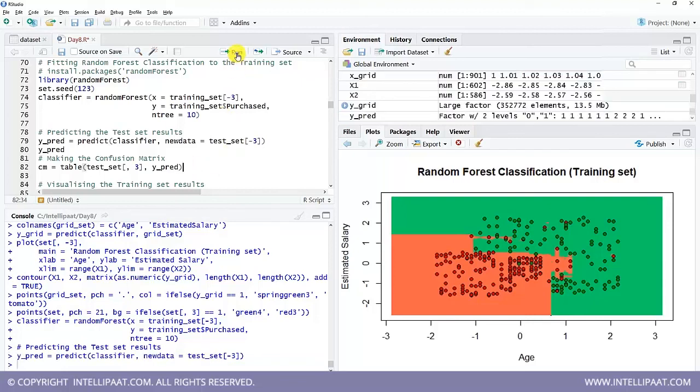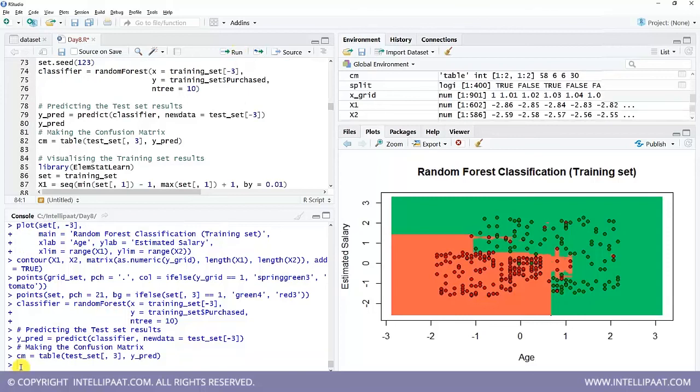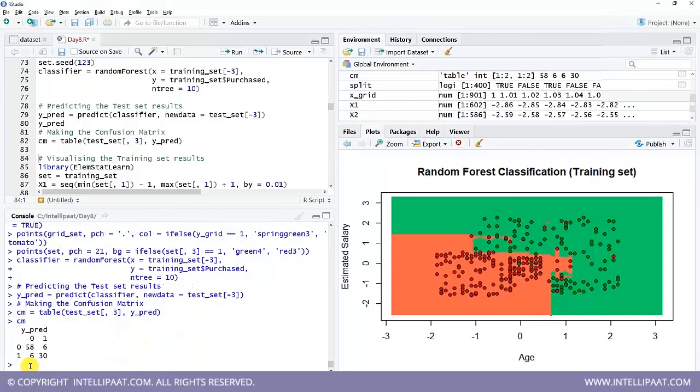Let me run the confusion matrix now. 6 and 6, 12. Twelve are predicted wrongly. False negatives and false positives are 12 in number altogether.